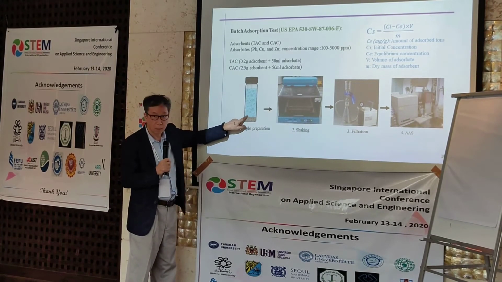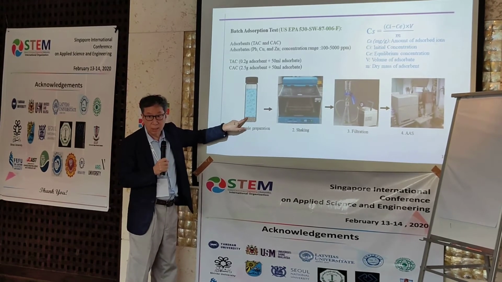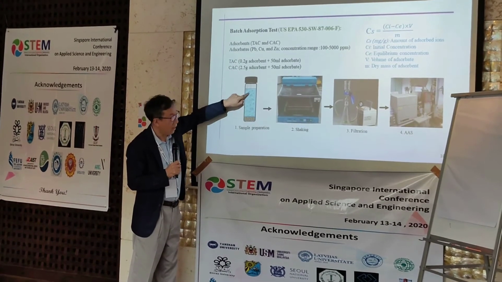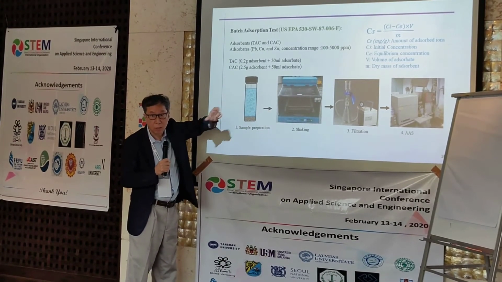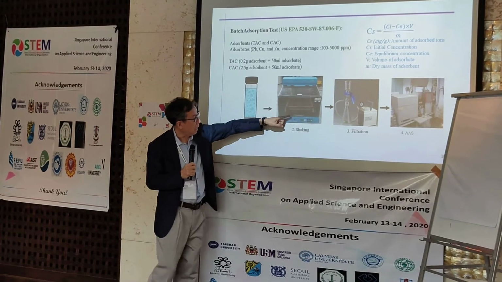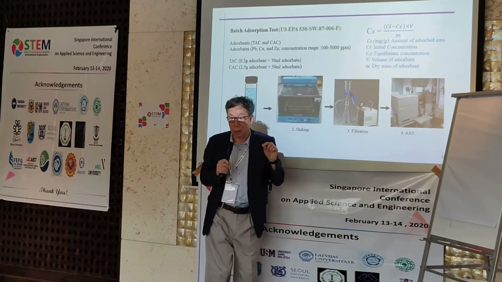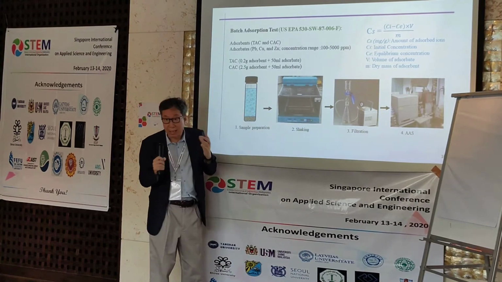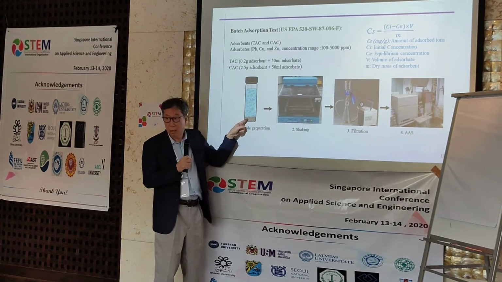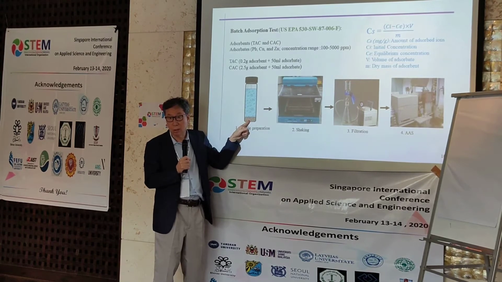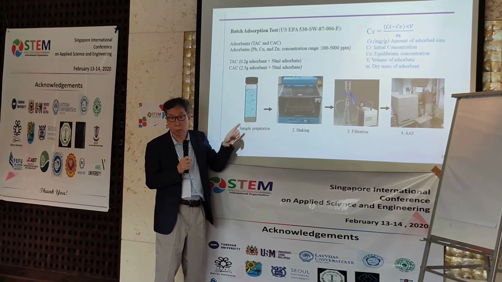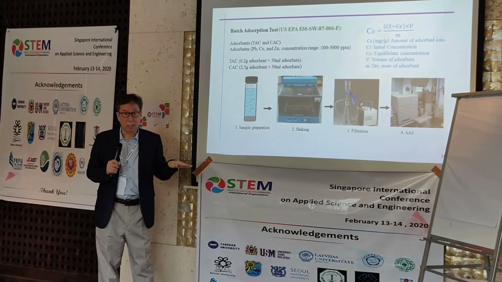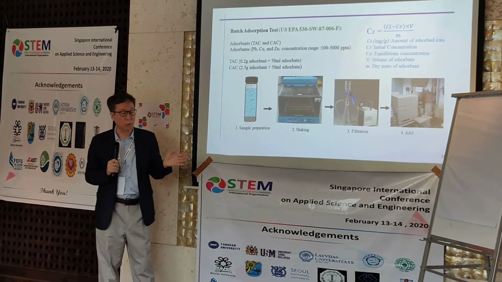I put in the TAC or CAC, add some solution of heavy metals, and shake it for a certain period of time, then filter and check the concentration of the liquid. Then I can understand how much is absorbed onto the materials, the new material or commercial activated carbon, and compare CAC and TAC, which is better. Next.